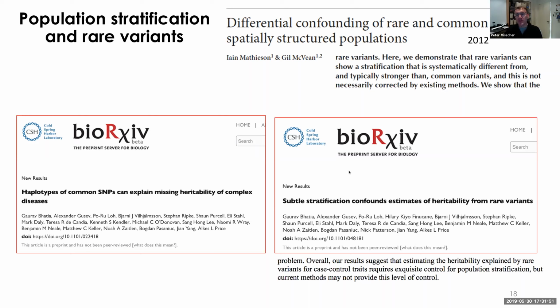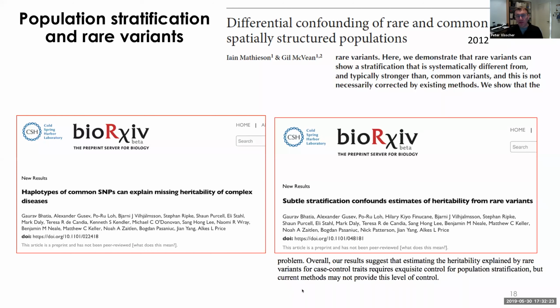And they showed in this particular second bioRxiv paper that constructing principal components from their haplotypes reduced the effect of stratification, but they concluded here in the end, which is a similar conclusion to this one at the top here from Mathieson and McVean, overall, our results suggest that estimating the heritability explained by rare variants for case control traits requires exquisite control for population stratification.